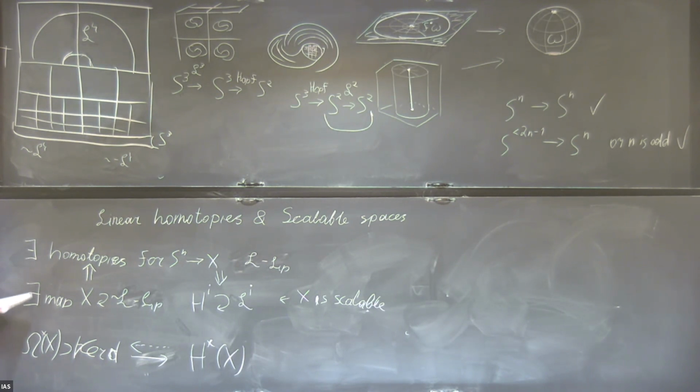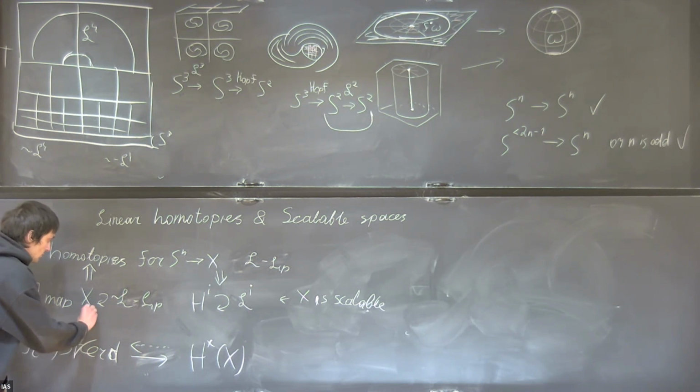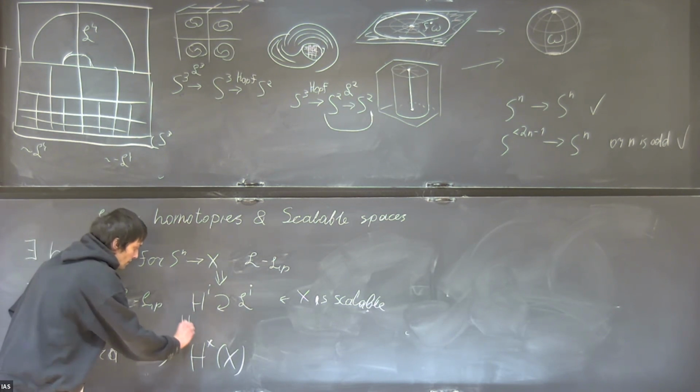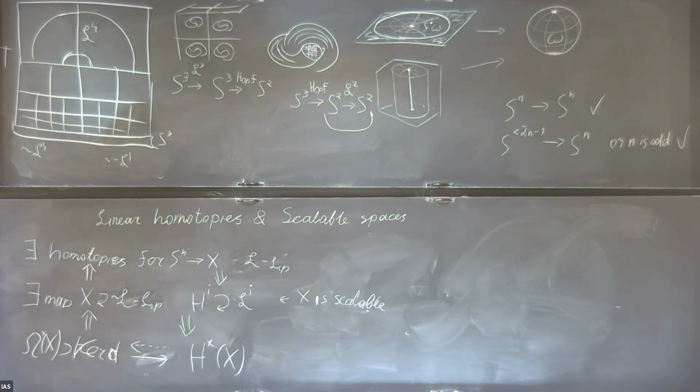And this thing is, on one hand, something that is sometimes either easy to construct or to disprove, this kind of property. And it is tightly related to the previous property. So these two are actually equivalent, with a little asterisk over here: the spaces are supposed to be formal.